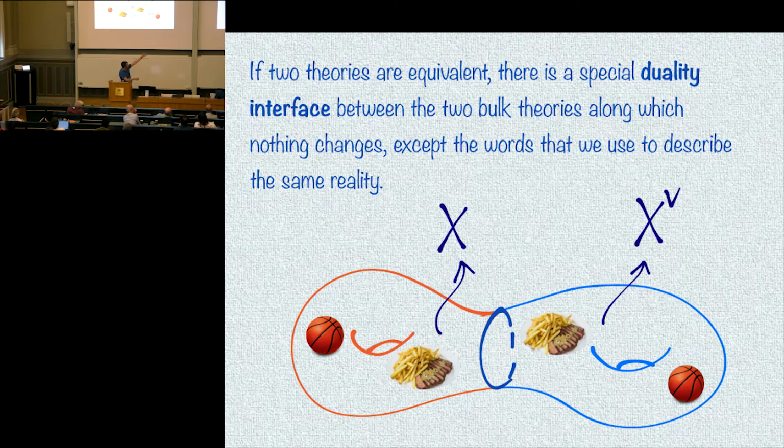They would be called different things in different languages, but the essence is the same. The life is the same; the words we use are different. And when this happens, there's a particular interface between the two theories on which just the words change. The life doesn't change. You can call it the duality interface.